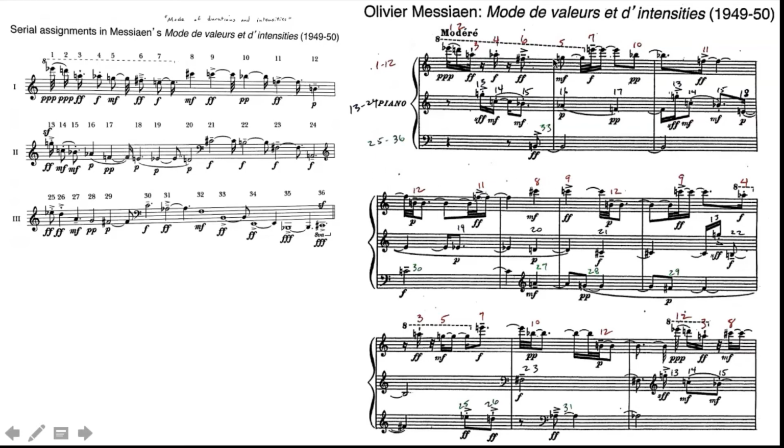So they're kind of loosely applied in the sense of the ordinals, but each time the note does appear, it is attached to its articulation and its dynamic and its rhythmic value. So we can see each of these lines and how they can compare to the chart.